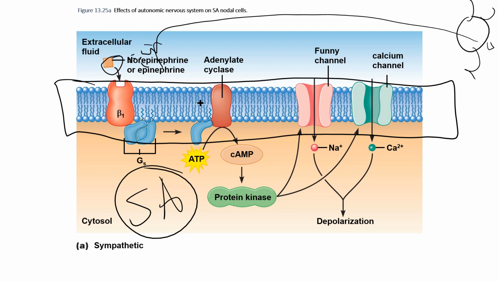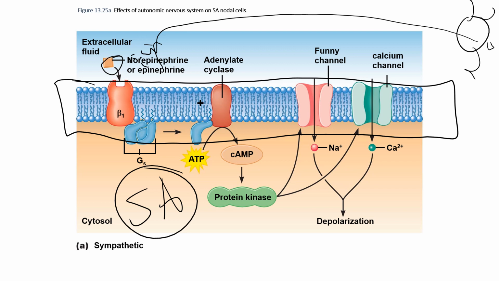Okay, you also see that it says epinephrine, but epinephrine is a hormone which would also be circulating around in the bloodstream during a sympathetic response, kind of a fight or flight situation, but that's not what we're talking about. We're talking about norepinephrine. So this sympathetic autonomic motor neuron is releasing norepinephrine from its axon terminal buttons. Okay, and it's releasing norepinephrine onto this sinoatrial node fiber of the heart.